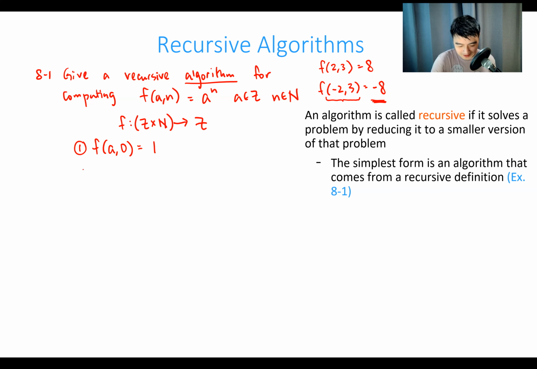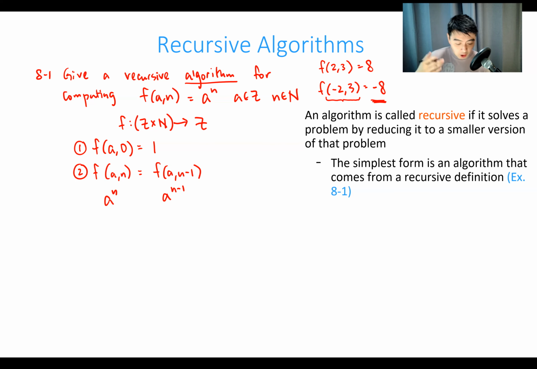Now the second part is I need to write f of a, n with respect to f of a, n minus 1. Here I'm just going to write f of a, n is equal to f of a, n minus 1 and then do something to it. Again, the strategy I told you earlier is that to find the definition of the recursion, I just write out that this represents a to the power of n minus 1. The left-hand side represents a to the n.